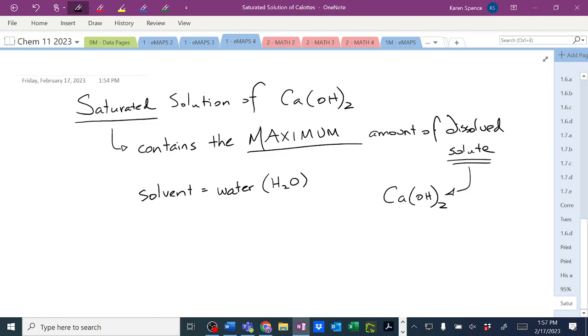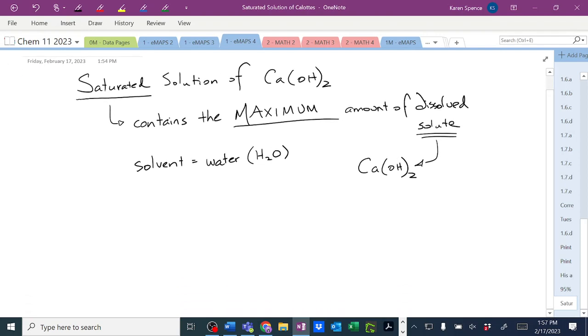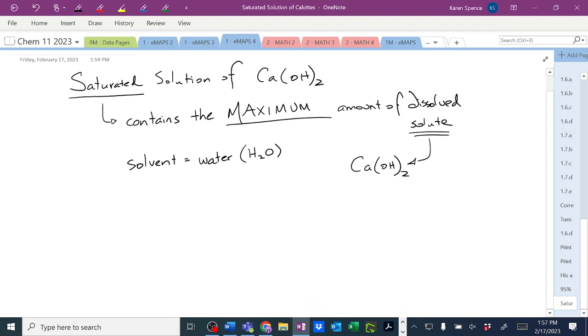Okay, so when we then go to draw our picture of our saturated solution, oh, before we do that, I want to know, how did we know that we had a saturated solution? How did we know we had reached the maximum amount?